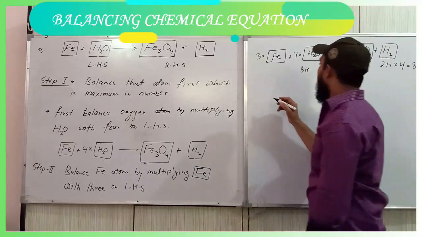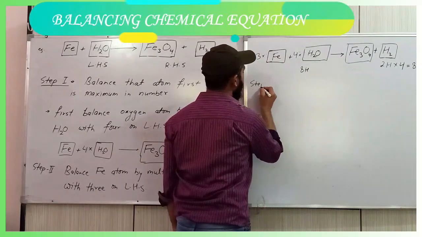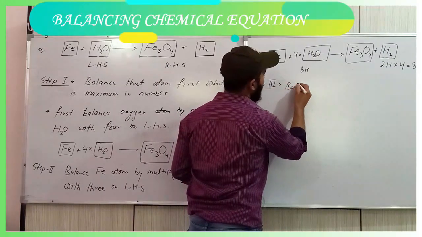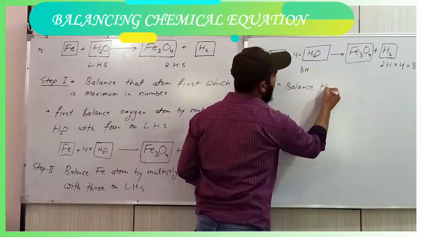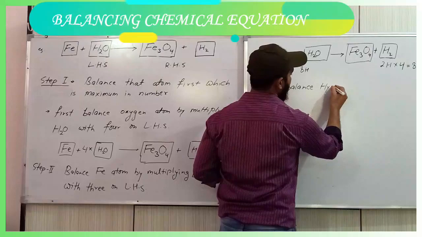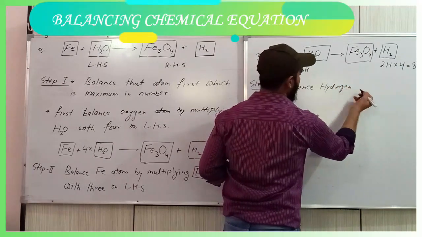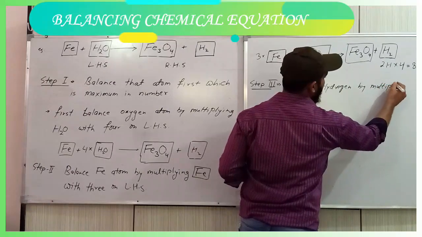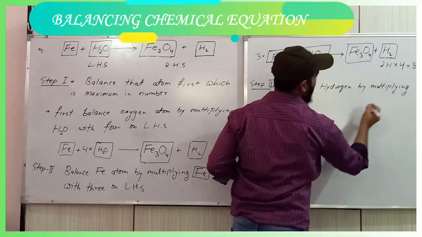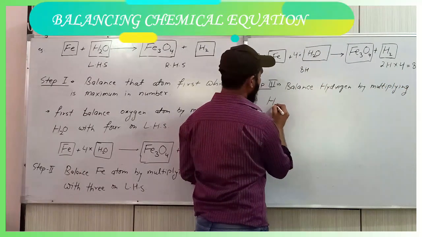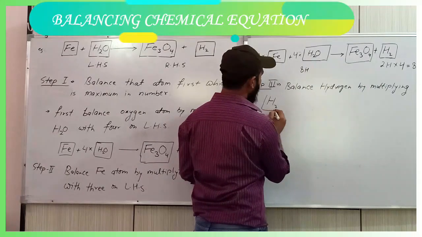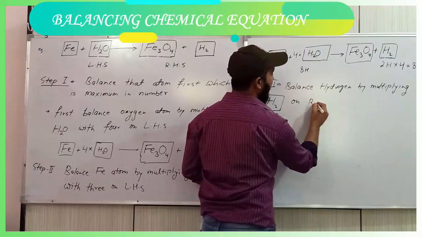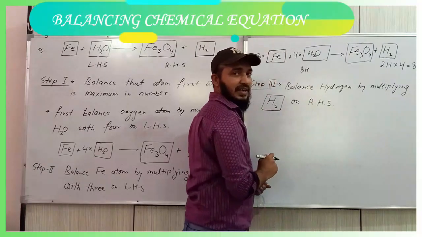So in step third, balance hydrogen by multiplying H2 on right hand side. Is it okay?